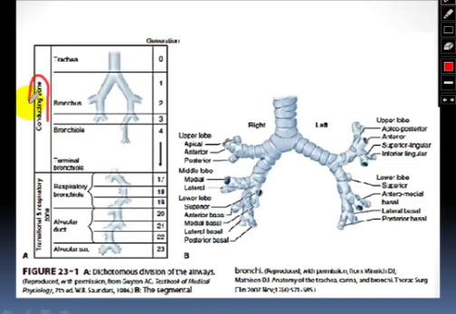And over here, you have the respiratory zone. Okay? So from 0 to 16, there is 16 here.